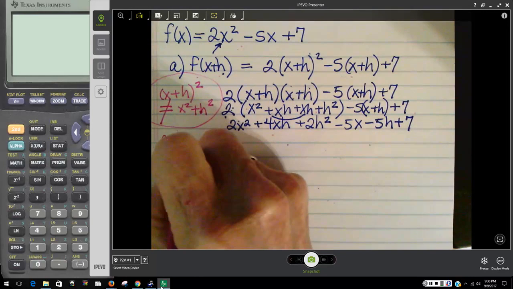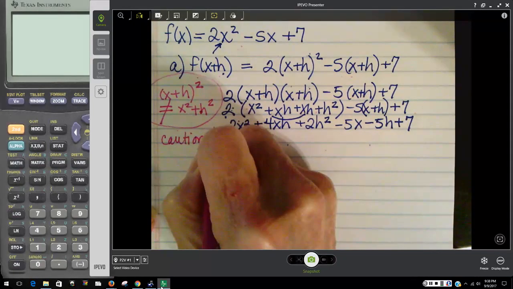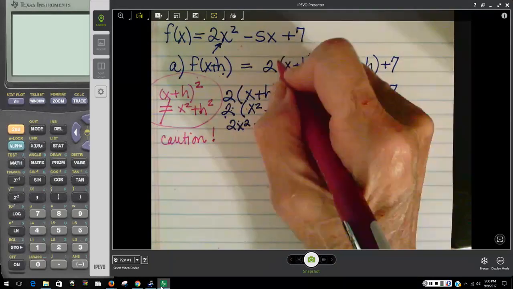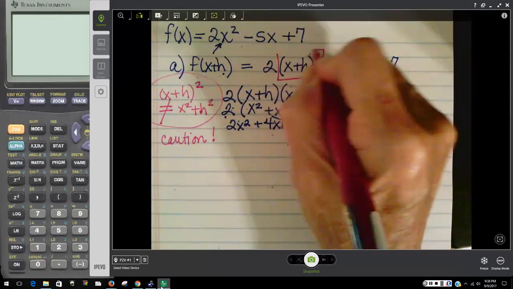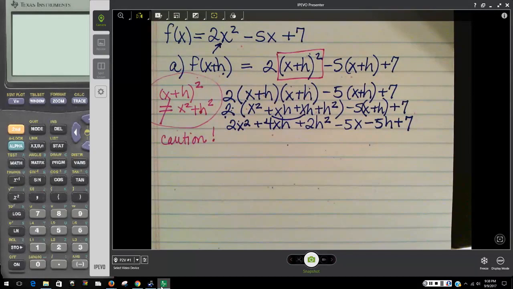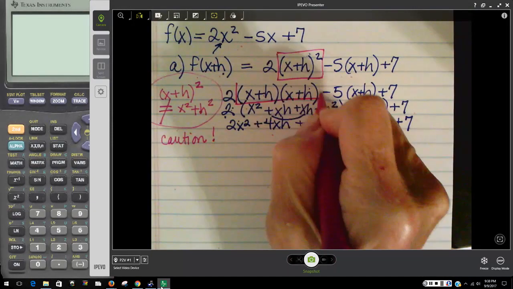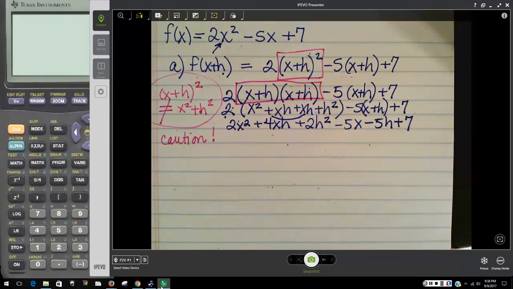This is the number one mistake that people make. Don't make that mistake. You need to actually multiply out x plus h times x plus h. So be sure that you don't just square x and square h. You actually convert that into multiplying x plus h times itself.